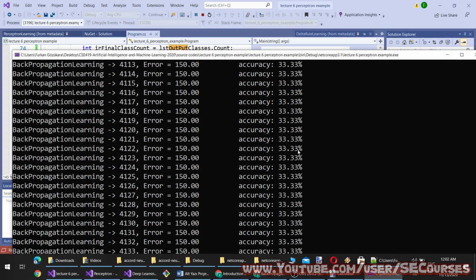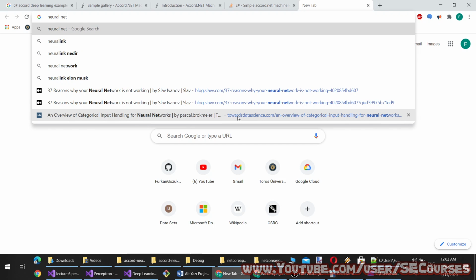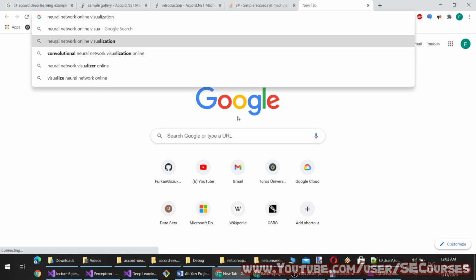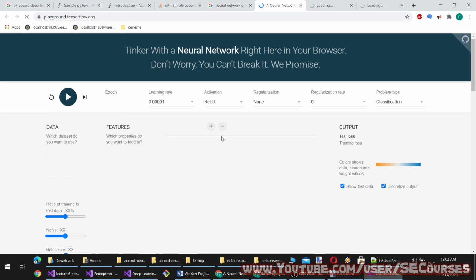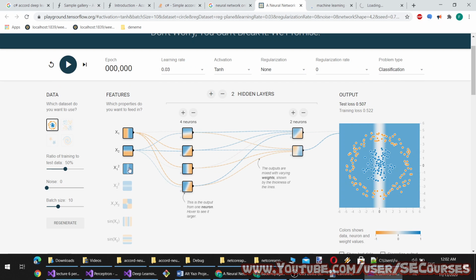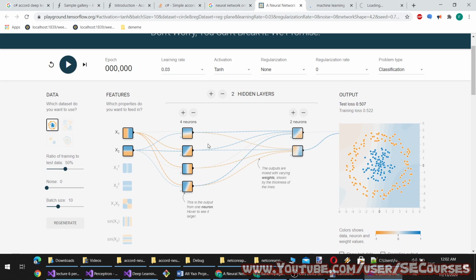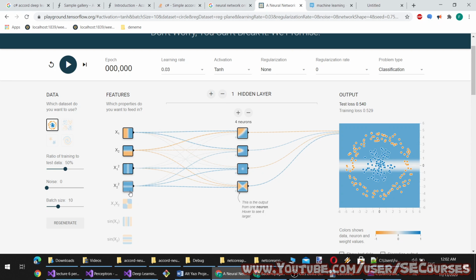Try to imagine that in your mind. Maybe we can see. Okay, so here we have how many inputs and how many neurons. We have one hidden layer. How many features do we have as input?